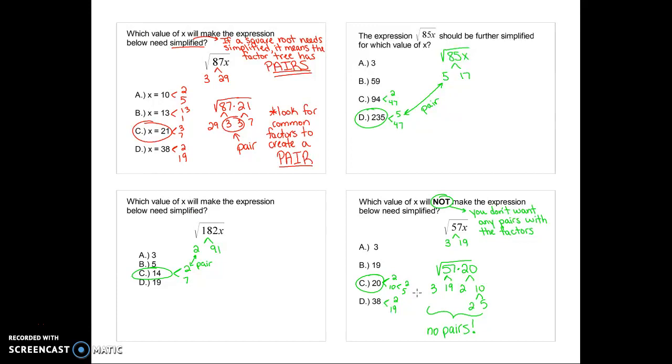Now, that does not give me any pairs from my original. So it's not going to simplify with the original value because there are no pairs with what I originally had. So it has to be answer choice C.